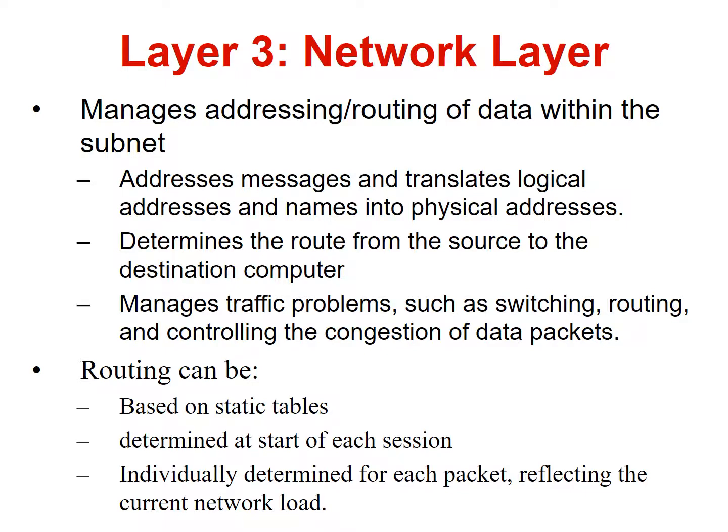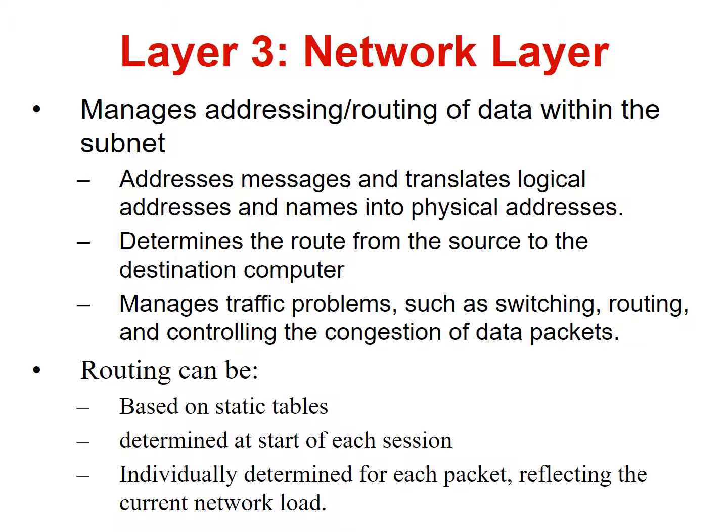Then it's the network layer, which sometimes is called the Cisco layer, right? It's one of the layers that is very important, and it addresses messages and translates logical addresses and names into physical addresses. It determines the route from the source to the destination computer. It manages traffic such as switching, routing, and controlling congestion of data packets.